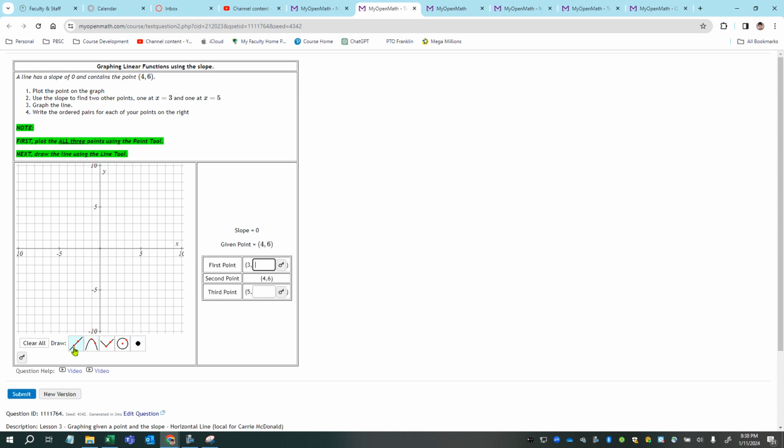So I just want to point out that slope, a lot of us think of rise over run when we think about slope. And if your slope is 0, that means your rise is 0, because the only way to get 0 is if the top of the fraction is 0. You might also remember that a horizontal line has a slope of 0.